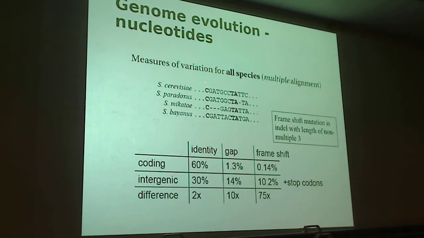Okay, next bit of statistics then. They now looked for conservation across the 4 species, not in pairs, and that's why the identities go down, because now in the coding regions you go down. If you only count them when all 4 are conserved, you see that the identity level is at 60% now. And you see here a few mutations. Here's another type of mutation that is called the frame shift mutation.